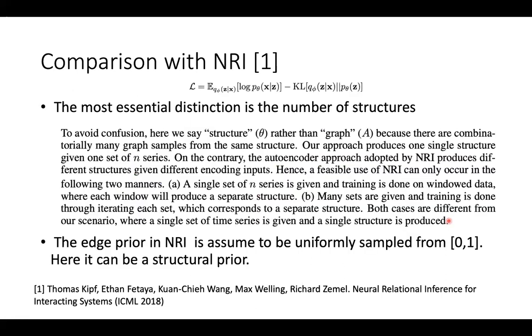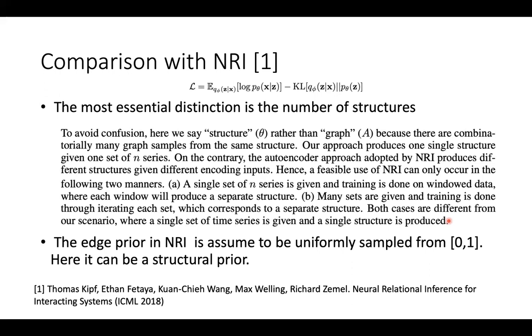This paper claims the most essential distinction between this approach and NRI is the number of structures. If we view theta as the structure and each graph A sampled from it as a graph, because they are combinatorial graph samples from the same structure, they claim that this approach produces one single structure given one set of time series.